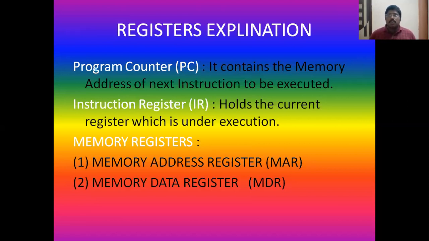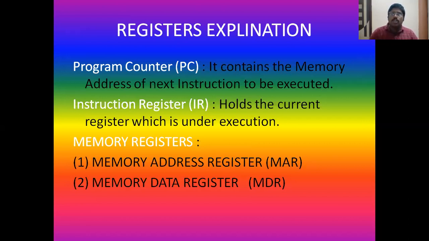So the program counter takes care of the address of the next instruction, whereas the instruction register takes care of the present instruction under execution, but not the address.